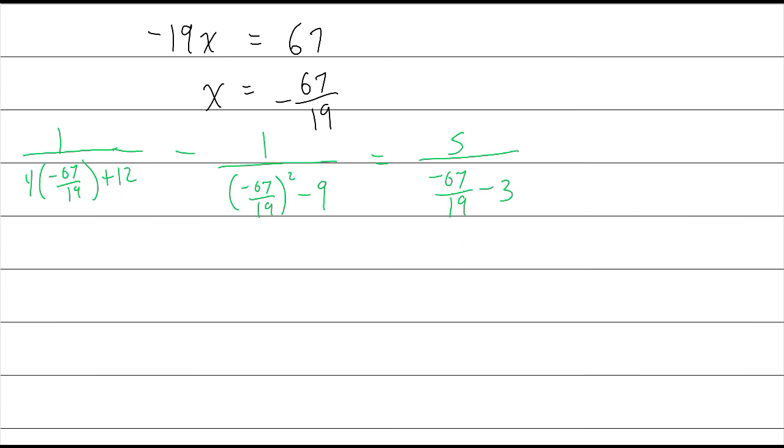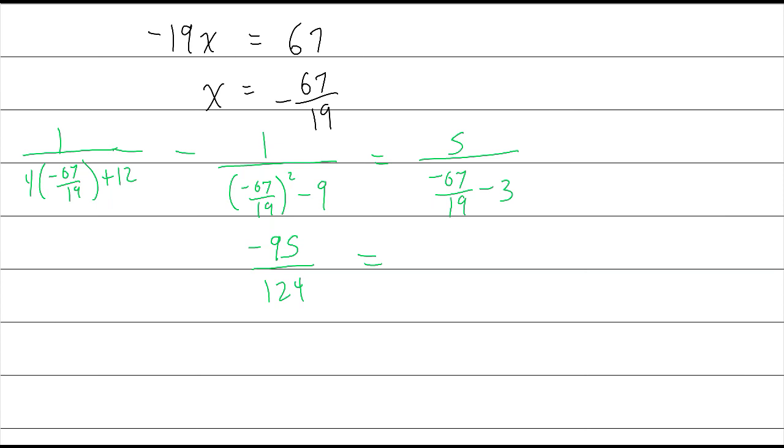1 over 4 times negative fraction 67 over 19 plus 12 minus 1 over negative 67 over 19 squared minus 9. Okay, the left side comes out to be negative 95 over 124.